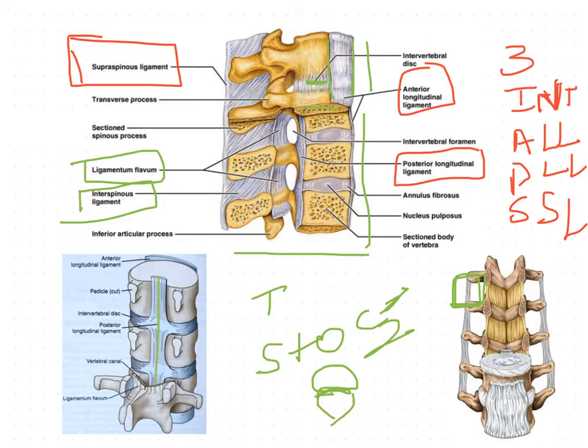So this one is the posterior longitudinal ligament. Okay, this runs within the vertebral canal along the posterior surfaces of the vertebral bodies. It runs from C2 to sacrum.